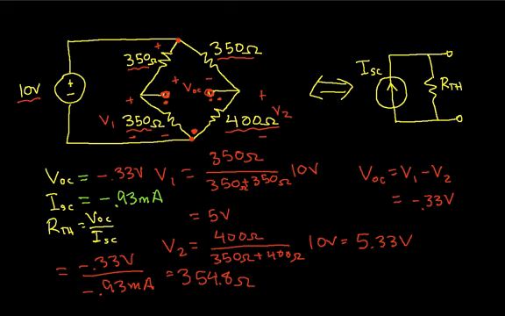So there we have it. The Norton equivalent circuit here is going to be a current source with negative 0.93 milliamps and a Thevenin equivalent resistance of 354.8 ohms.